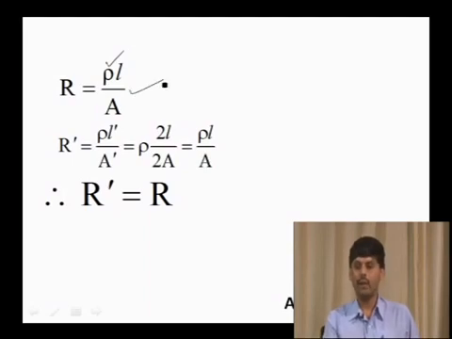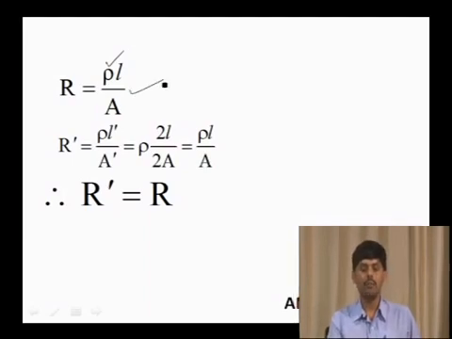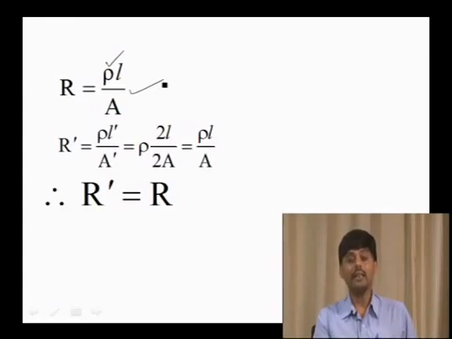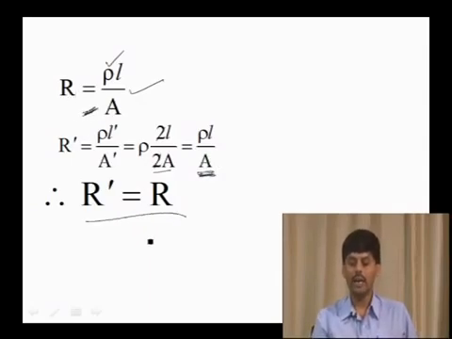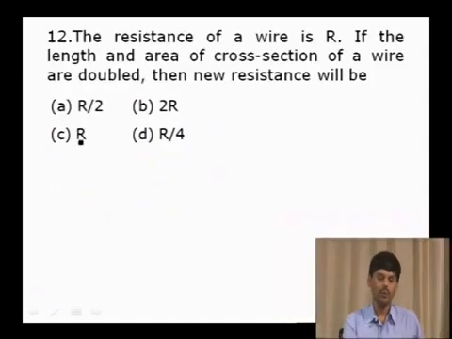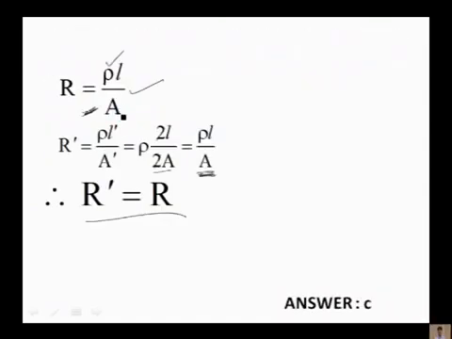Before the increase, R is equal to rho L by A. After increasing the length and area, we have R dash is equal to rho L dash by A dash. Length increases by 2 times, that is 2L, and area increases by 2 times, 2A. The 2 gets cancelled, and we get again rho L by A. This is the value of R dash, and this is the value of R. They are one and the same. Therefore, the correct answer for this question is C, that is R.